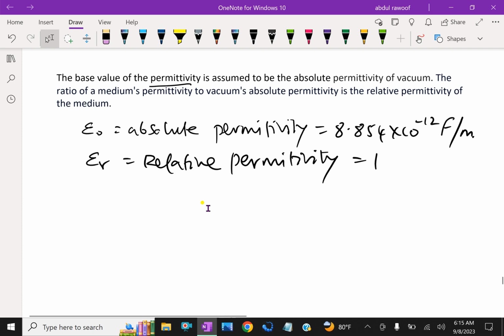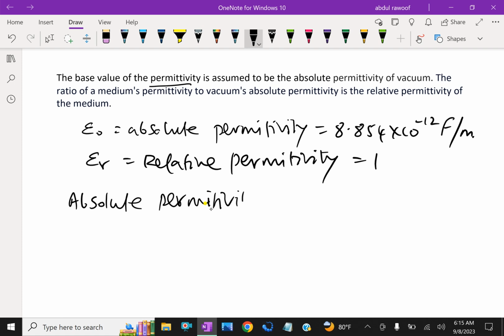If the relative permittivity as compared to vacuum is epsilon r, then the absolute permittivity of the other medium is epsilon, which is equal to epsilon 0 into epsilon r, in F/m.